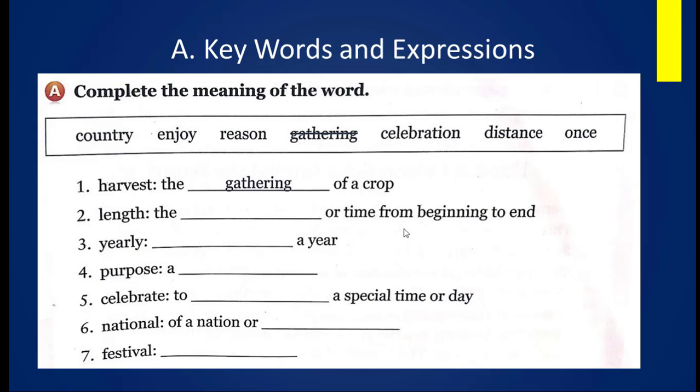Again, everyone, to harvest means to gather a crop. Length means the distance or the time from the beginning to the end, and yearly means once a year. Number four, purpose means a reason.